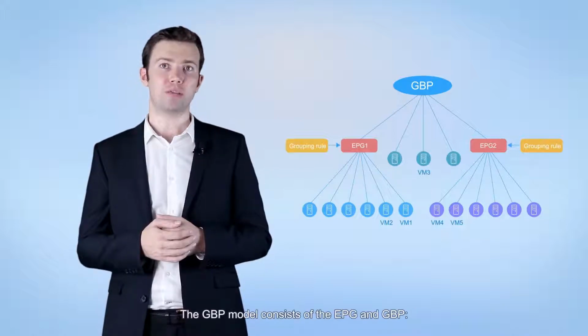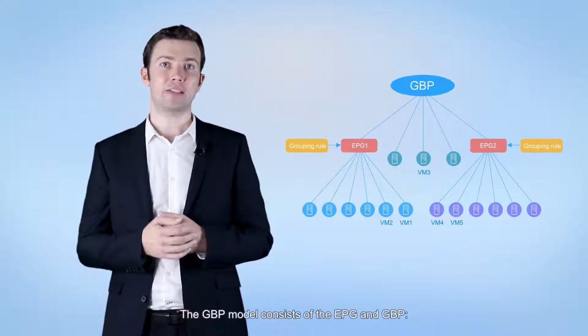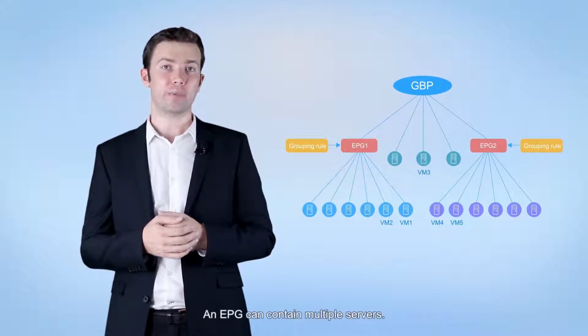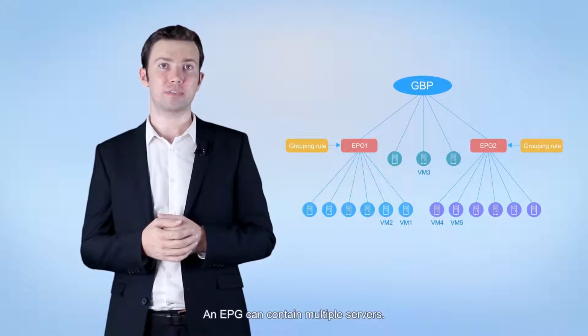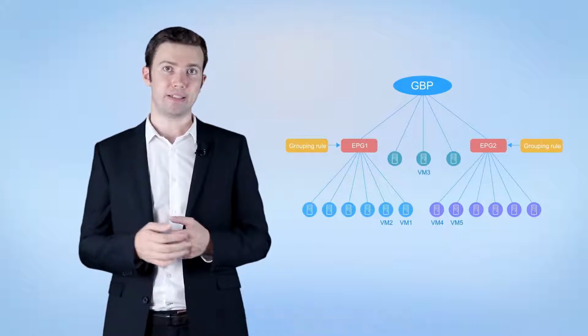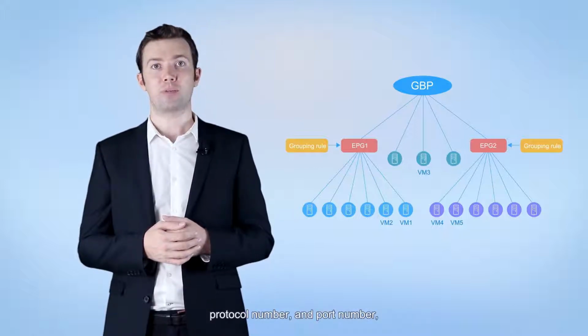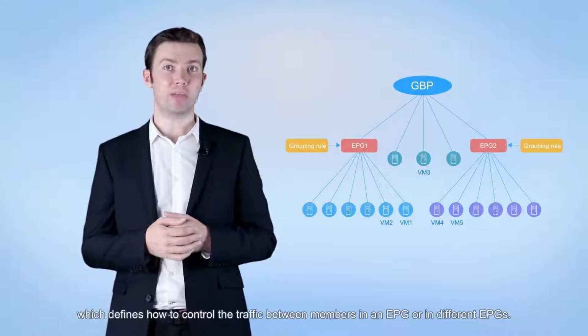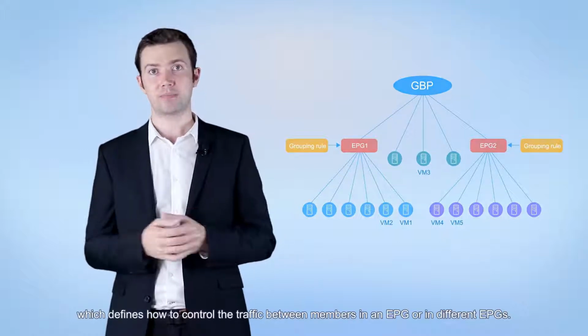The GBP model consists of EPG and GBP. The EPG is a group allocated using the IP address-based grouping policy. An EPG can contain multiple servers. GBP is a traffic control policy based on the EPG, protocol number, and port number, which defines how to control the traffic between the members in an EPG or in different EPGs.